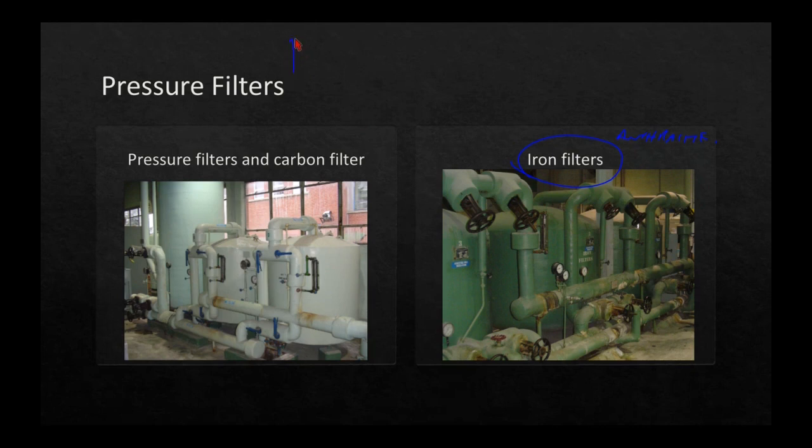So let me just sort of draw a bit here. So here is our aerator, and then we've got an iron filter. And then what we have is a precipitation softener. So we have a lime reactor.